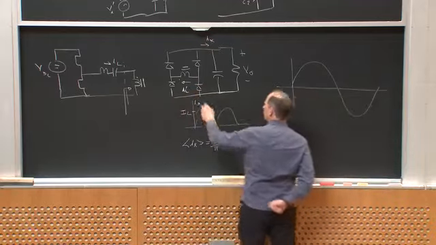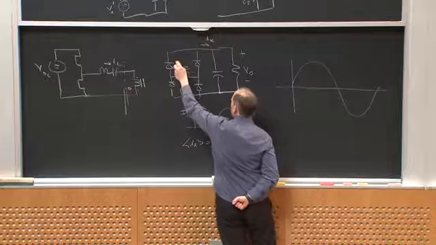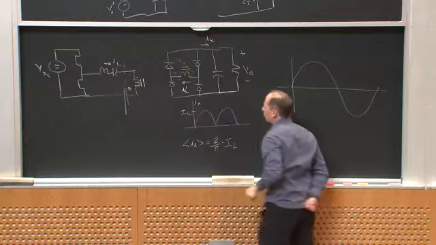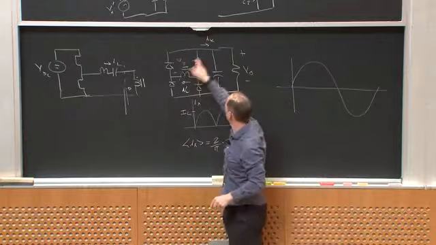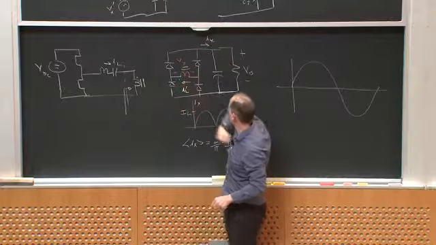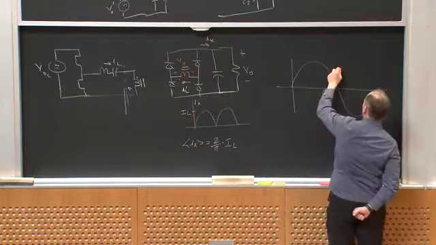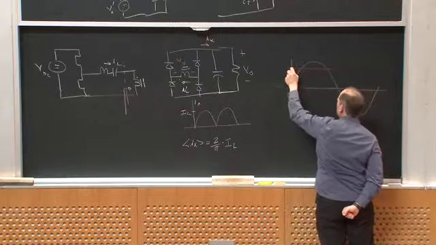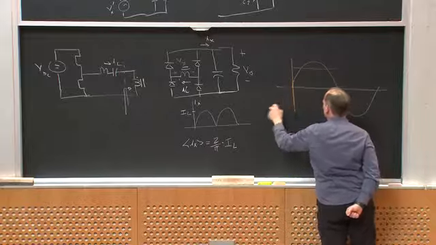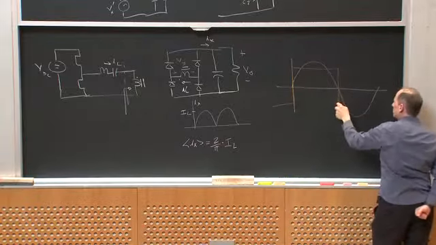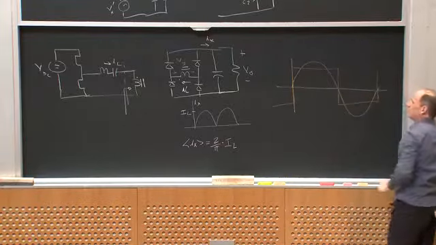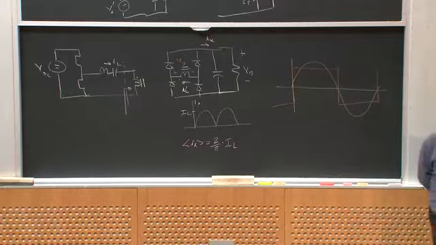Let me call this V sub Y. Well, when IL prime is positive, I have V out. When IL prime is negative, I have minus V out. So the voltage he sees looks like this. Does that make sense?